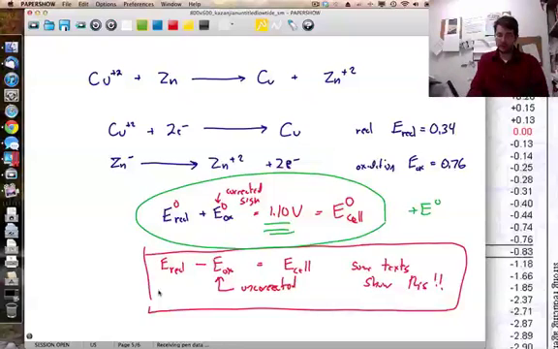Positive cell potential is equal to spontaneous. All right. We would say that this would have a positive voltage. What's really funny is if you reverse this reaction, if you were to get a negative voltage, the reaction would preferentially run the other way. All right, we'll talk about that more in the next.